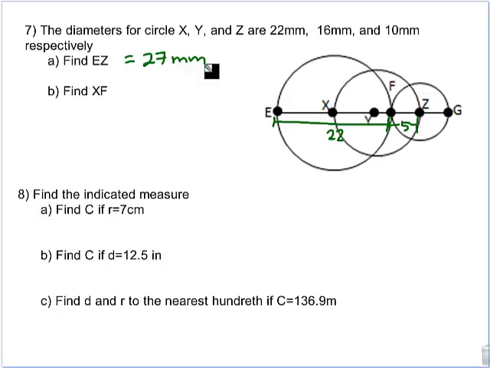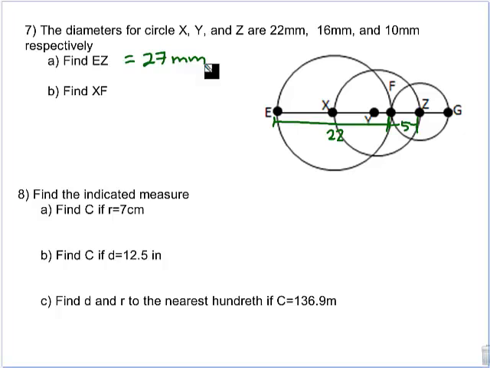Circle Z has a diameter of 10, so from F to Z would have to be 5 for the radius. Yeah, we would add those together because we want to go all the way from E to Z. We currently had E to F, so we needed the remaining distance to get to Z.